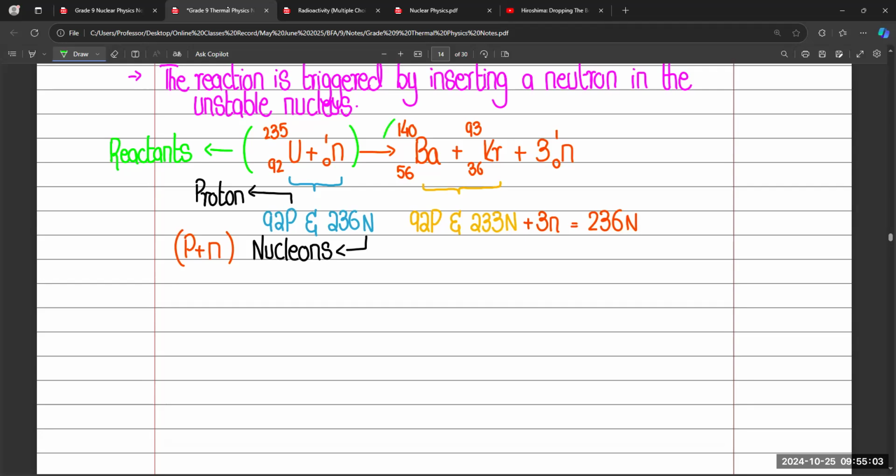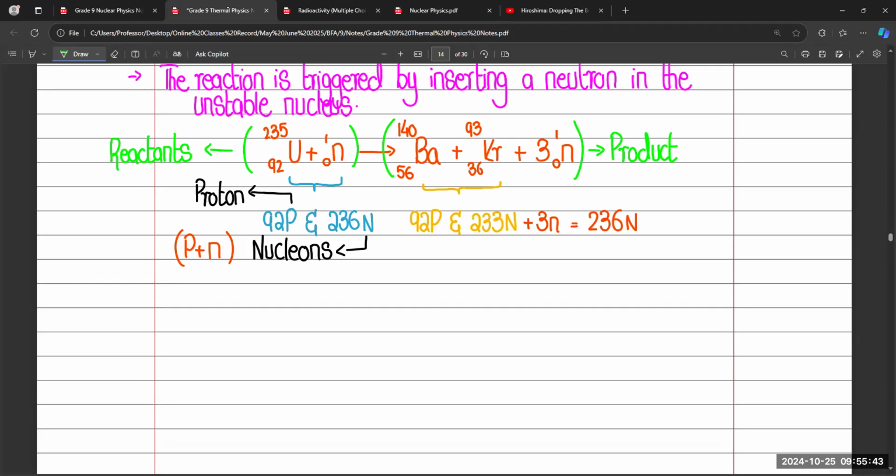And finally, this is your product. So you are adding up uranium and neutron, and these are reactants. In the final result, you are getting this whole part on the right side of the equation. So this is your product. You are not adding this in your experiment. You only add neutron with uranium, and in the final result you are getting these three: Ba, barium, Kr, krypton, and neutron.